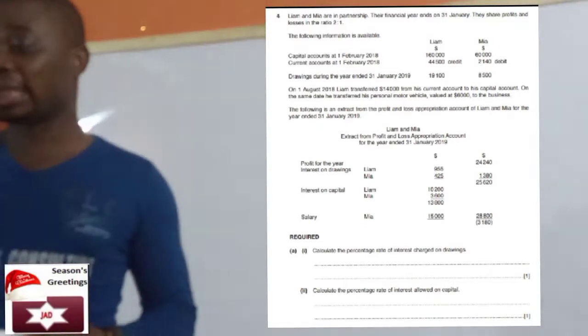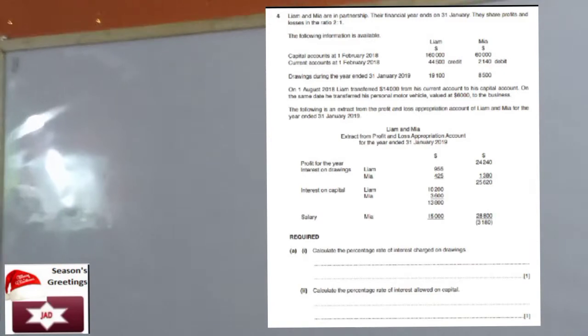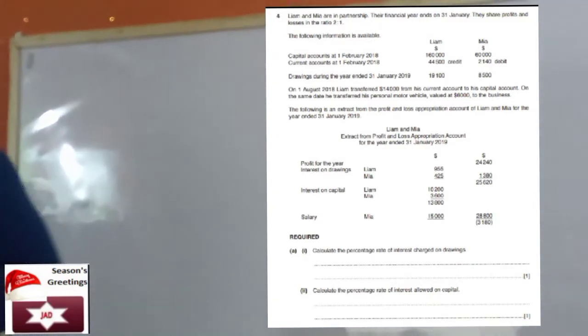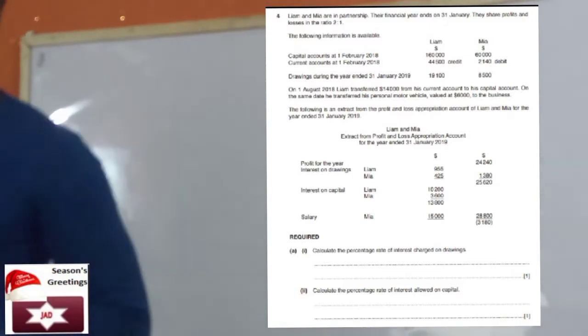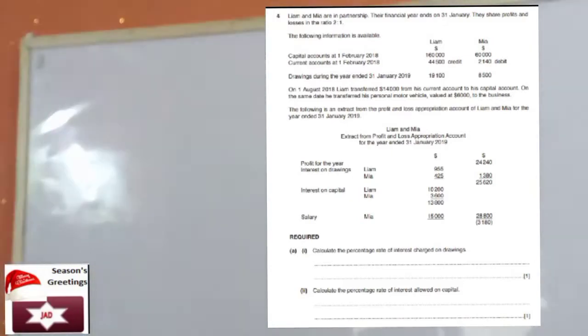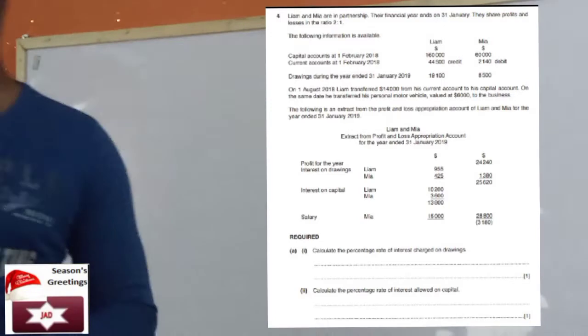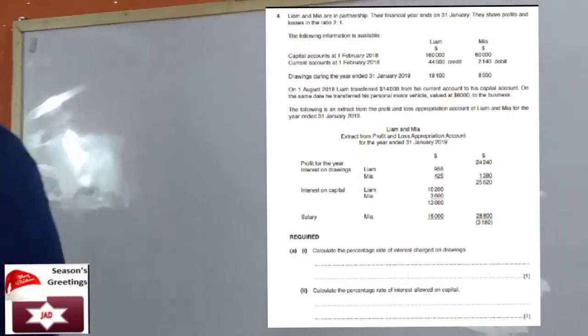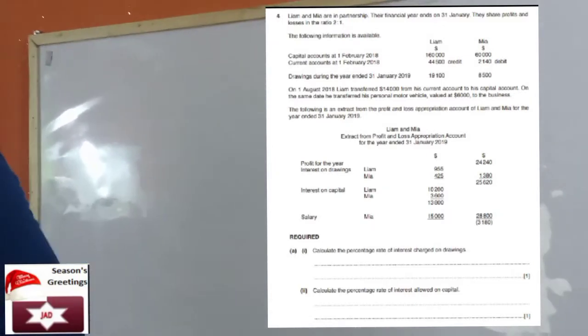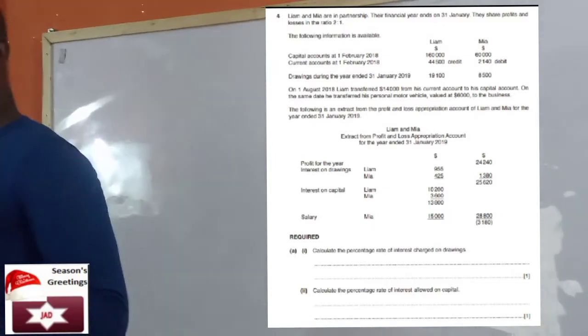Current account as at 1st February 2018: Liam is $44,500 credit, Maya is $2,140 debit.